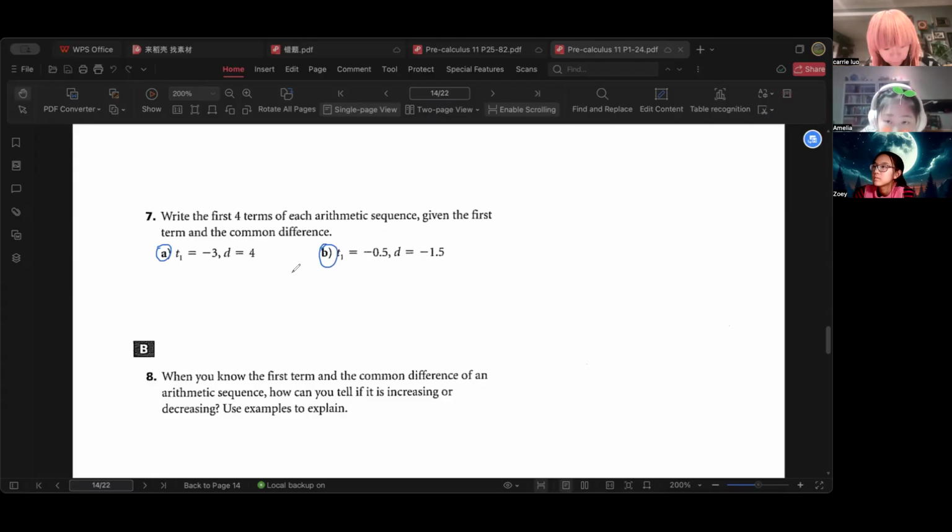Does the first 4 terms include the first term? Yeah, write the first 4 terms, so it's T1, T2, T3, T4.